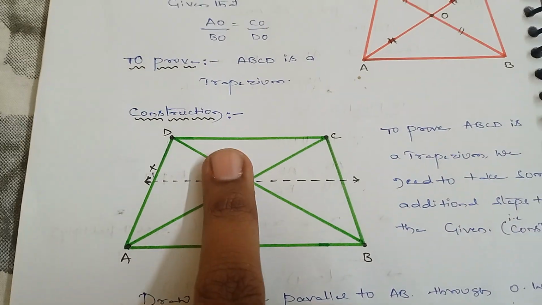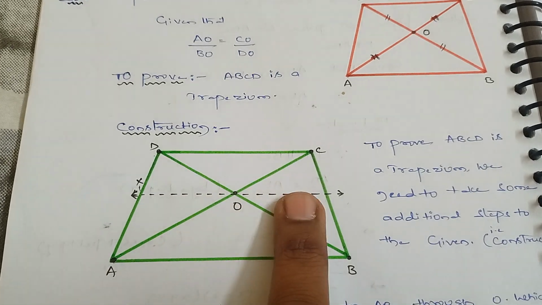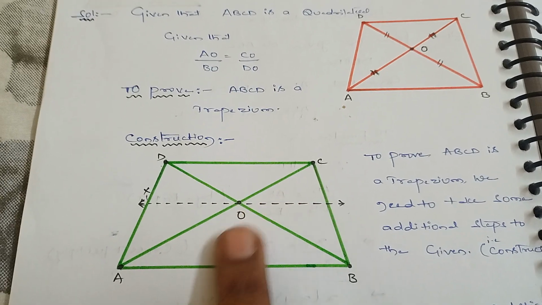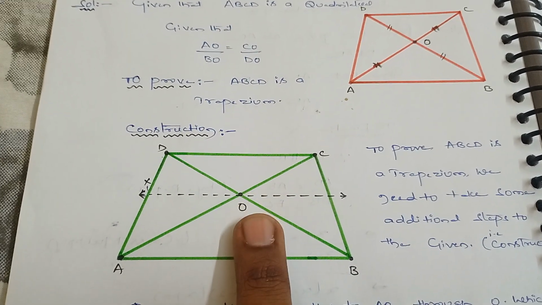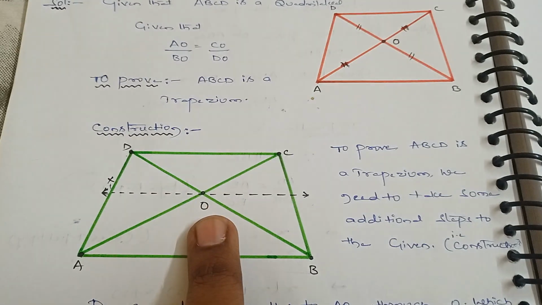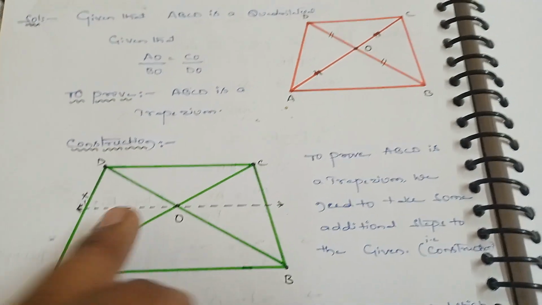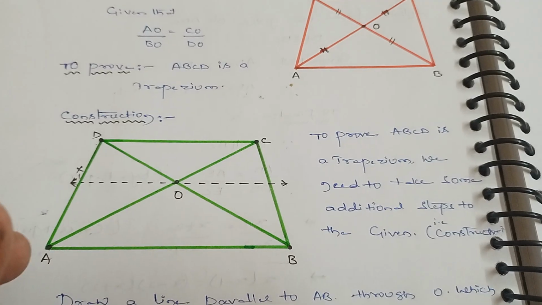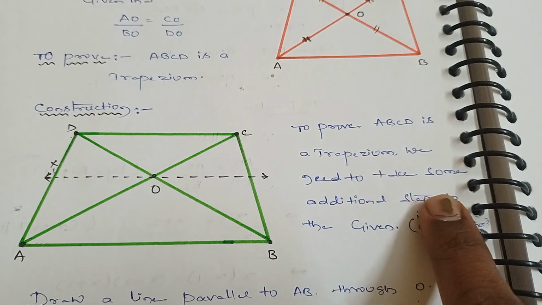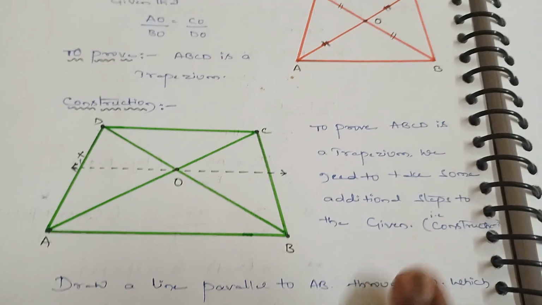So I have taken a parallel line here, XO, that is parallel to AB and parallel to DC also. This is a construction, not given in the question. To prove this theorem, we need to take some additional steps.